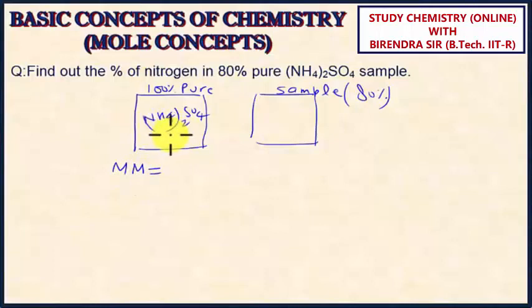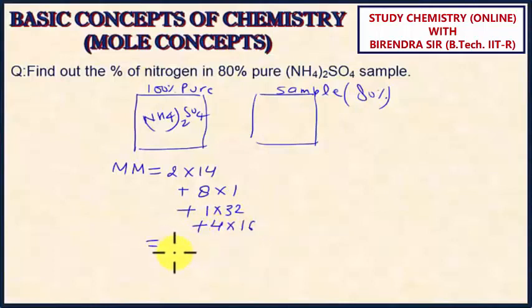How many nitrogen atoms are there? 2. So, I'll write 2 into 14 plus how many hydrogen atoms are there? 8. So, I'll write 8 into 1. How many sulfur atoms? 1. 1 into 32 plus oxygen 4 into 16. And this way, the molar mass comes as 132 gram.